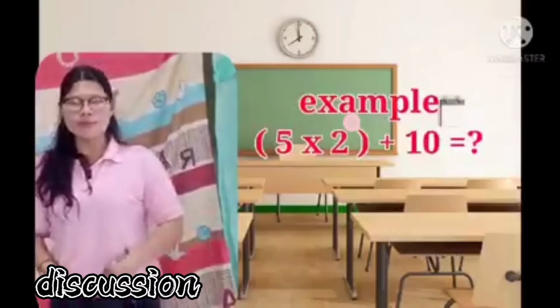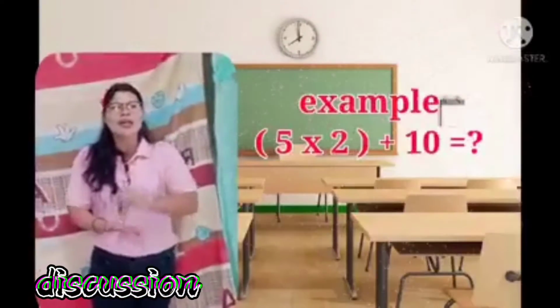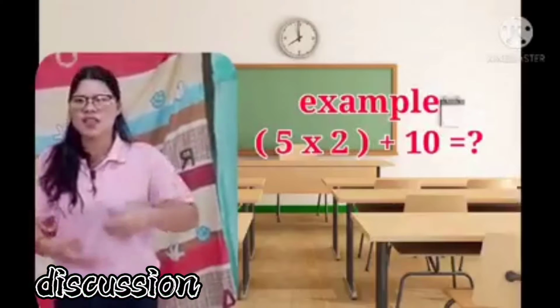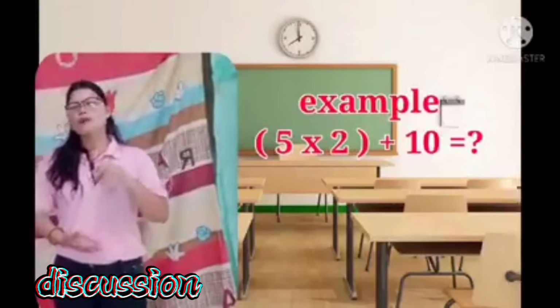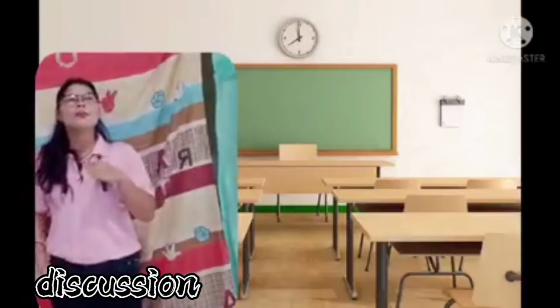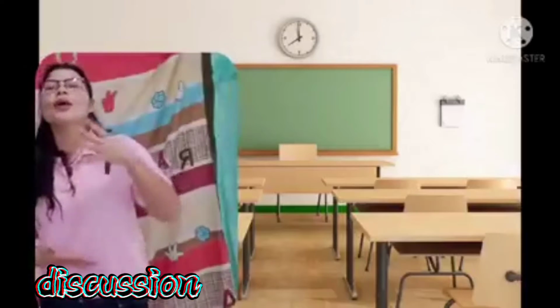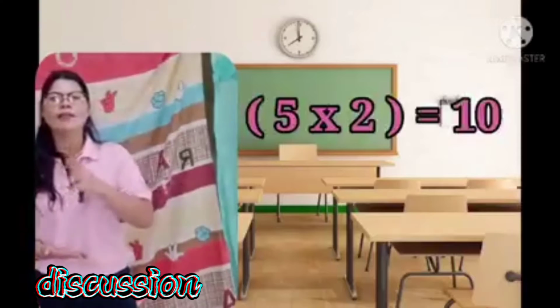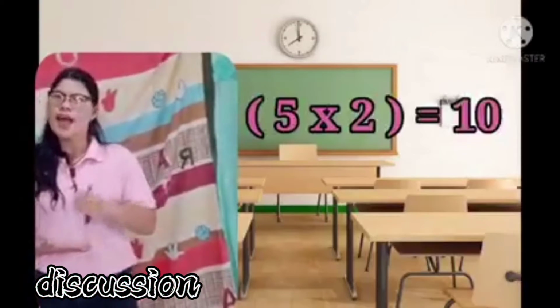For example, 5 times 2 inside the parentheses plus 10. In order to solve the problem, first solve the parentheses to get the exact answer. So first, 5 times 2 equals 10.